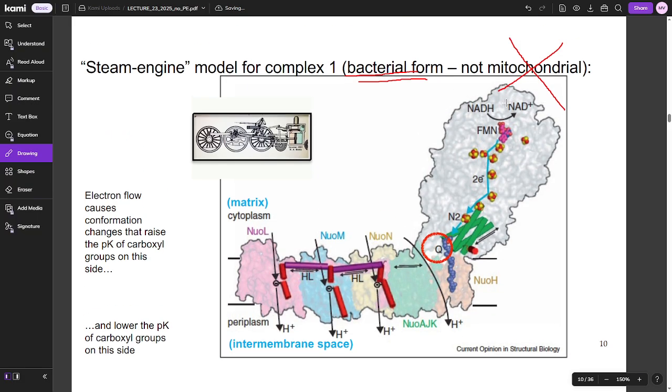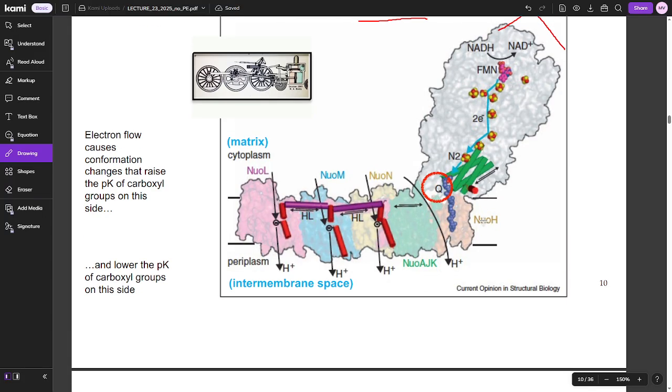What happens is the NADH gets oxidized. Those electrons go through, basically like a steam engine type thing, where as it moves through, protons are pumped. This is the inner membrane space over here, and this is the outer membrane, which is actually, this is the matrix, and this is the intermembrane space. So we're pumping against the gradient that way.